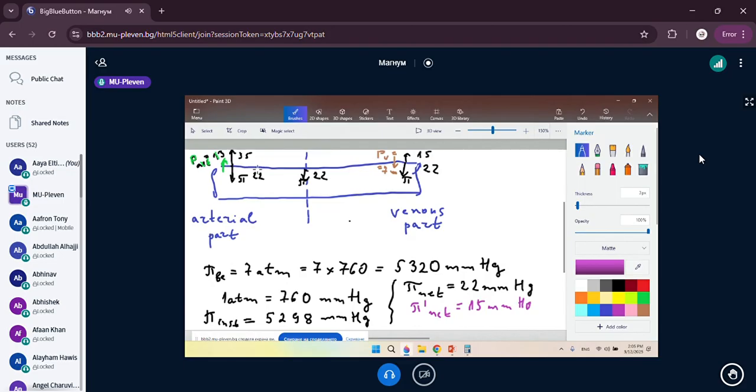So thus, instead of 22, as a result of albumin loss, we've got 15 everywhere. And what would happen then? We will have osmotic net outward pressure, not of 13, but of what?